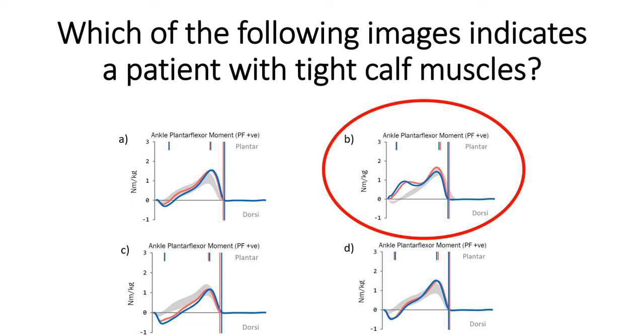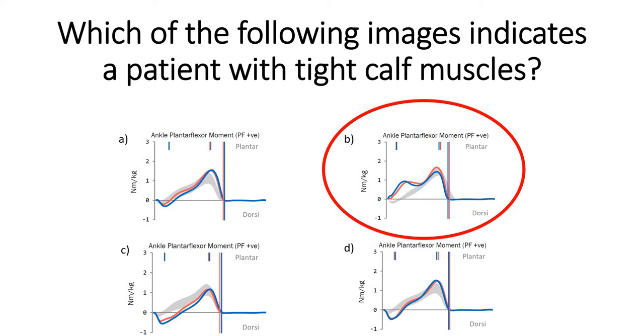So B is the answer because of that large peak early on, suggesting a very large eccentric plantar flexion torque being produced, followed by a concentric plantar flexion torque in the second peak in graph B.